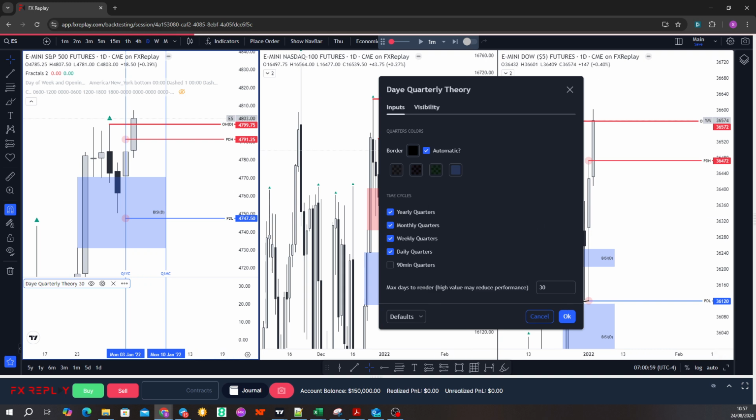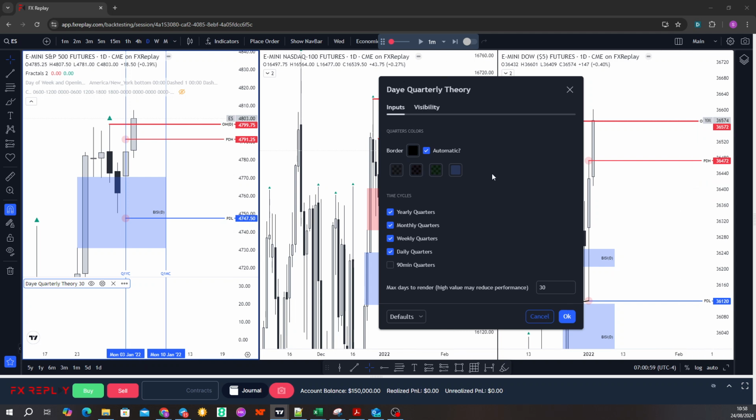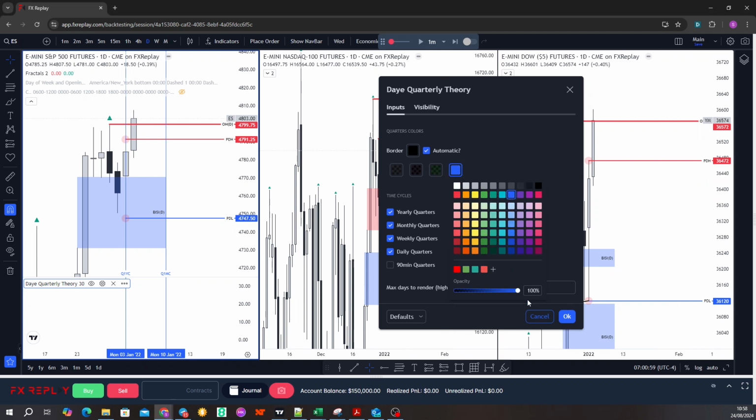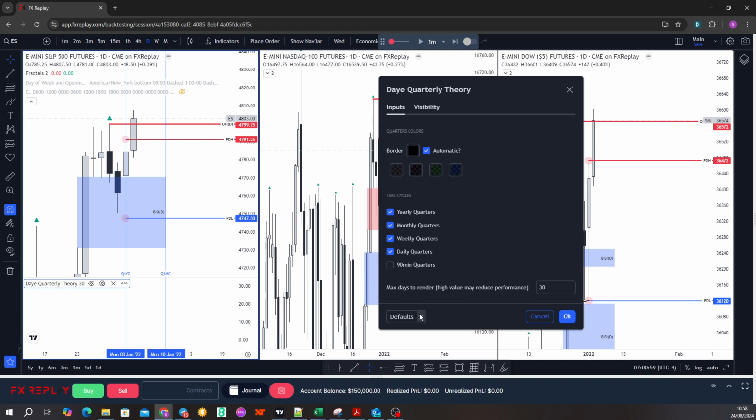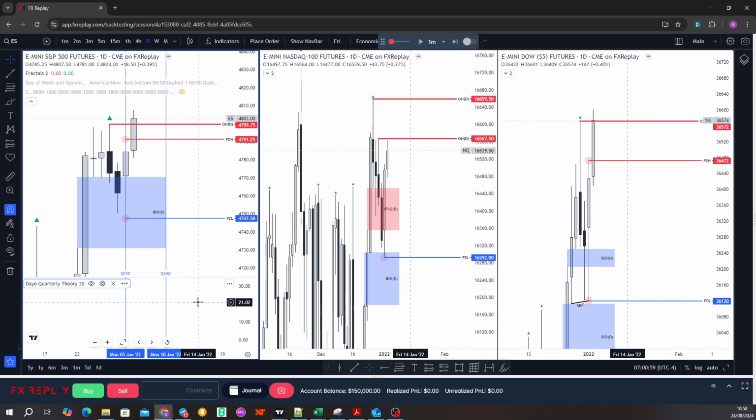Okay, and the final one. Okay, so that's what we want. So these as defaults. Yeah, we want it visible on all. Okay, that's what we got.